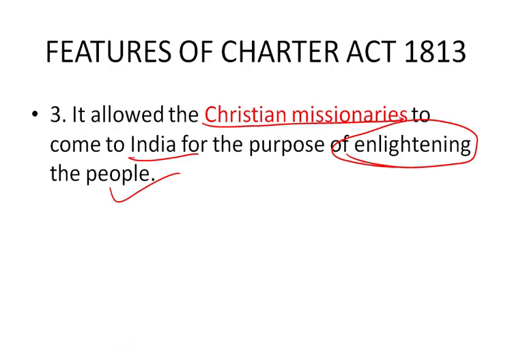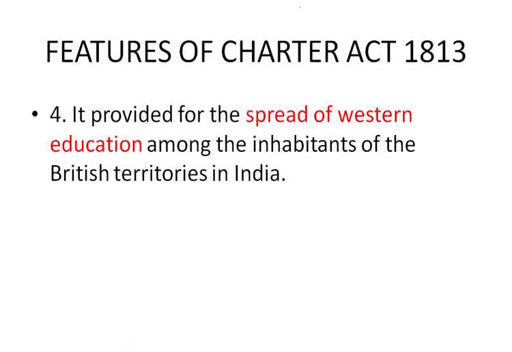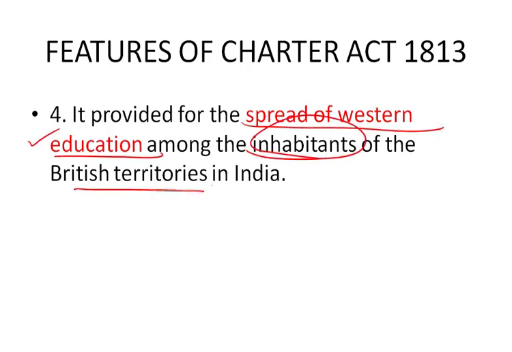And the fourth feature of this Act is it provided the way for the spread of Western education among inhabitants of the British territory in India. Their idea is to spread their culture and language in most parts of British ruled India.